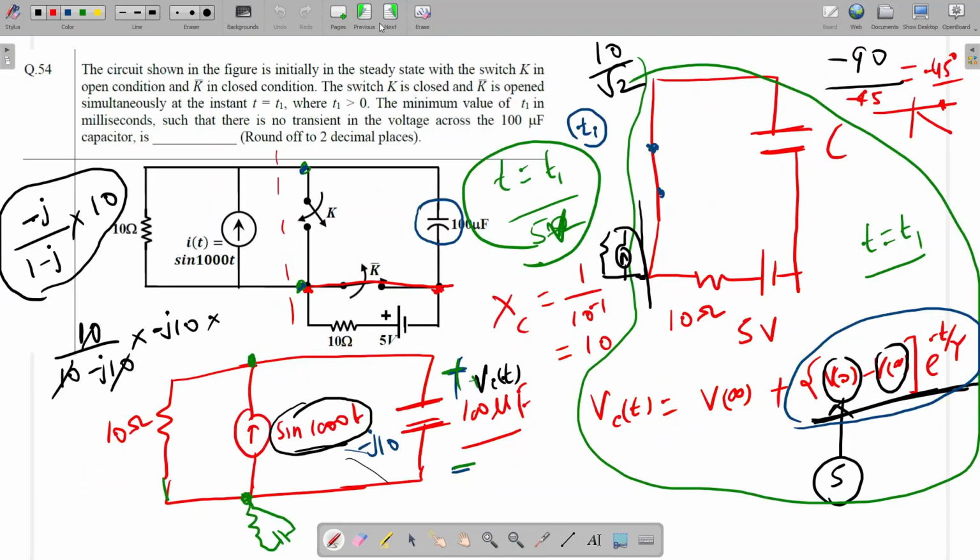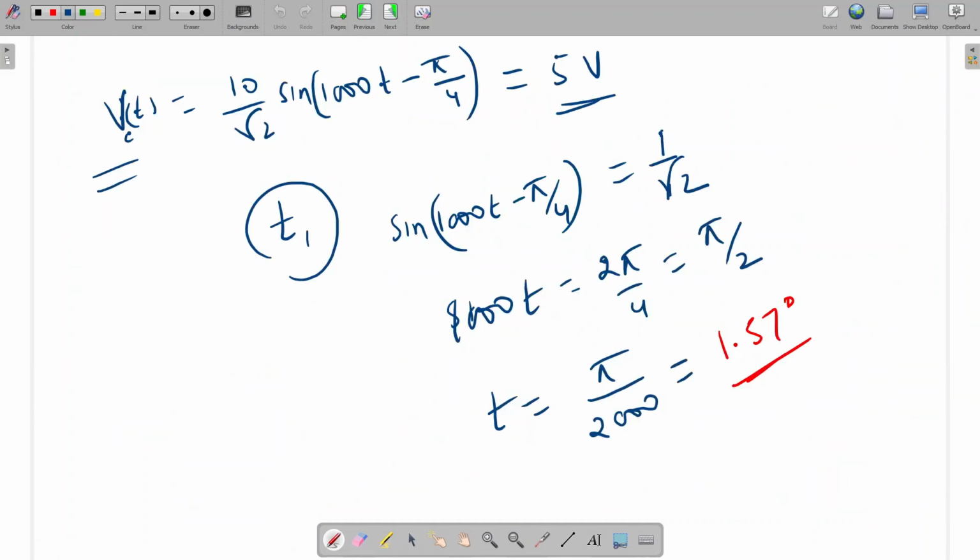No, sir, not about the derivation, just the values. Okay. See, this is the final equation I have written here. VCT is equal to V infinity plus V0 minus V infinity, e to the power minus t by tau. So this is the equation for this kind of circuit. Let's say this is a capacitor, so one zero voltage will be there and one infinity voltage will be there.